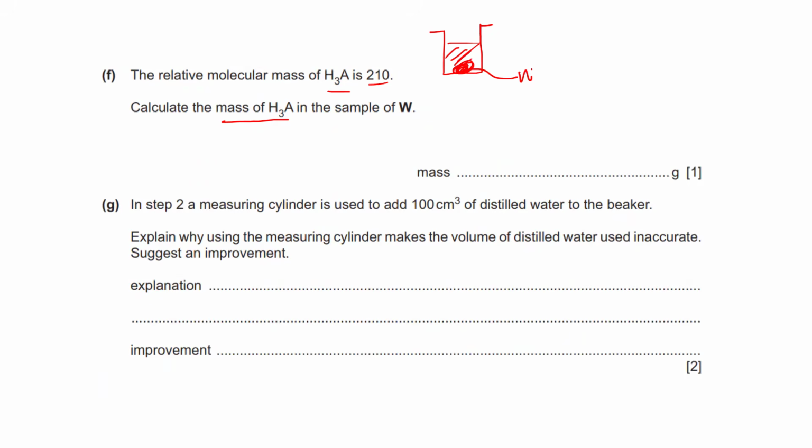This is our W, and the moles we have here is 0.0043 moles of H3A. And we have to find the mass in grams of this.